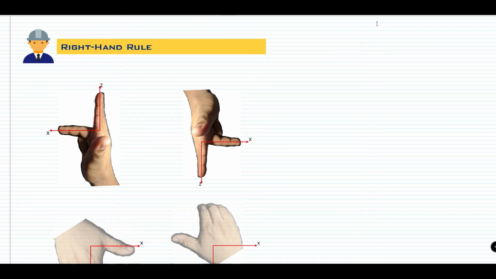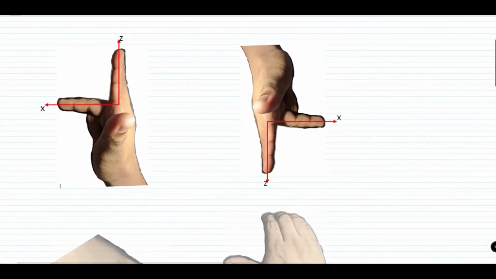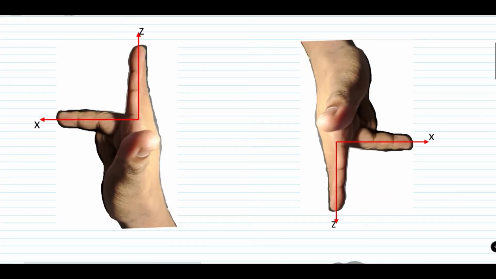So, kung gagamitin natin yung right hand rule as shown in this figures, kung mapapansin nyo, yung hintuturo ko, siya yung naging z-axis, and yung middle finger ko, siya yung ginawa kong x-axis, and kaya nakatutok yung hinlalaki ko on this side kasi siya yung magiging y-axis natin.